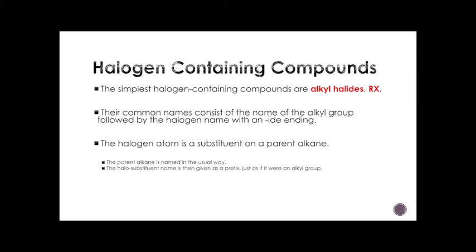We treat the halogen as a substituent to the parent alkane, which is what we've been doing, and the common names have the name of the alkyl group followed by the halogen name. So we have not used those names. We haven't named them like that, with the alkyl group followed by the halogen.